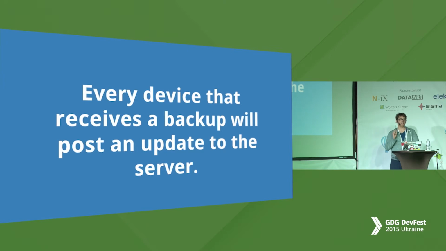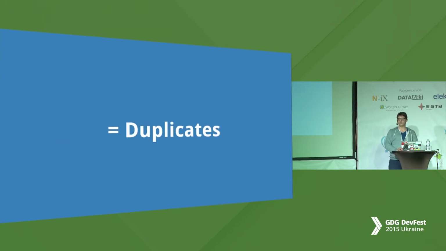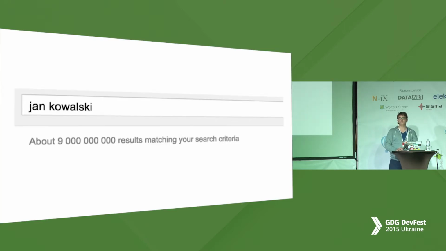Every device that will receive the backup will post that update to the server, right? So once the database that was in that state lands on the secondary device, the same application with the same synchronization process algorithm will just post the Jan Kowalski to the server again, which means it results in duplicates, right?